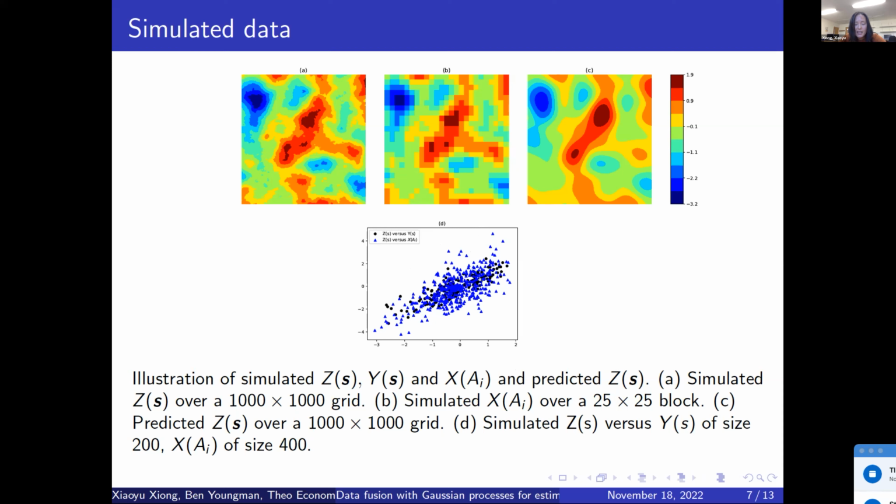It can be seen that averaging the point-level numerical output over an area has induced bias. Figure C shows the predictions using our proposed data fusion framework on the simulated data, and it can be seen that the model has captured the truth reasonably well.